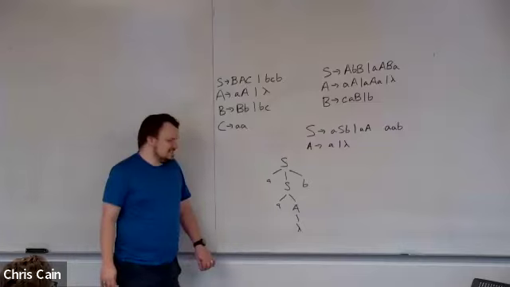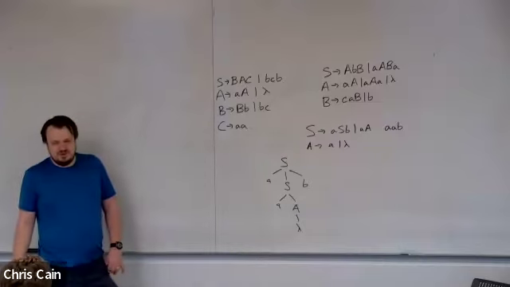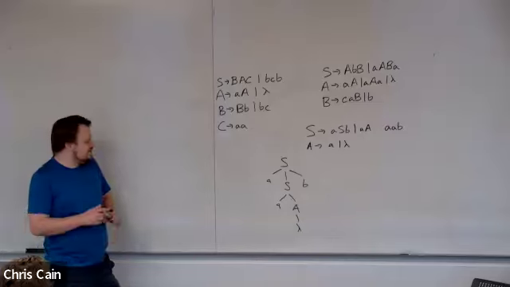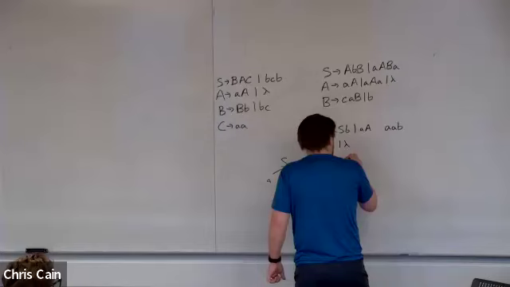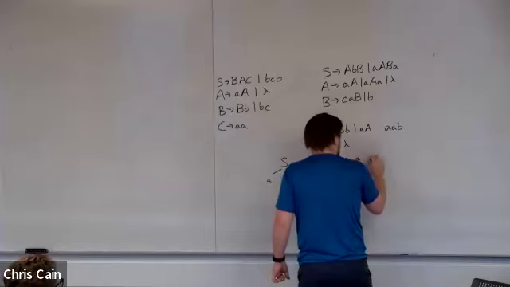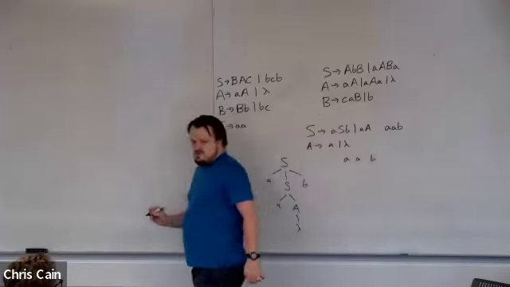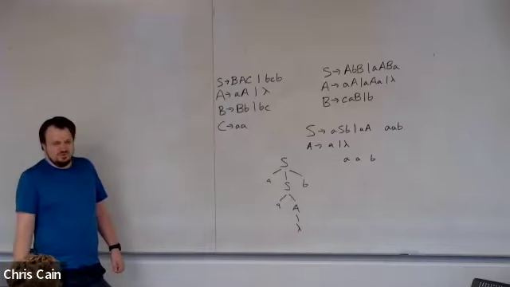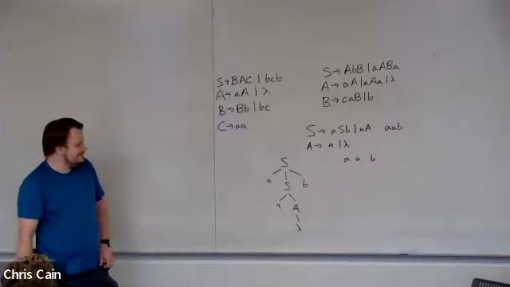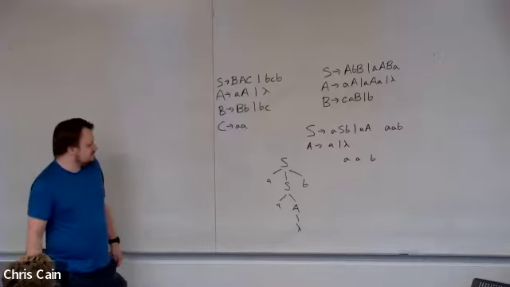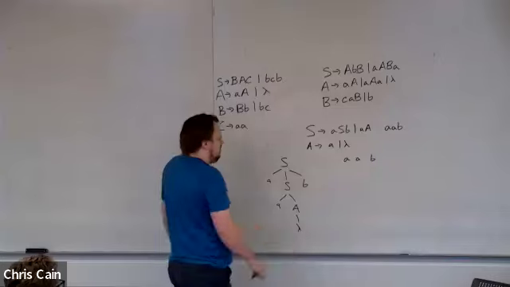So this would be an example of a top-down parse tree. So now, the bottom up, we're going to start with the string itself. We're going to start with AAB. And now we need to find a way to go the opposite way. So what happens?